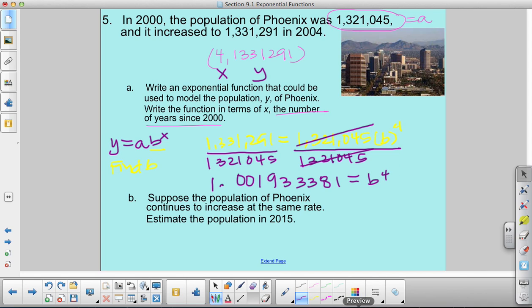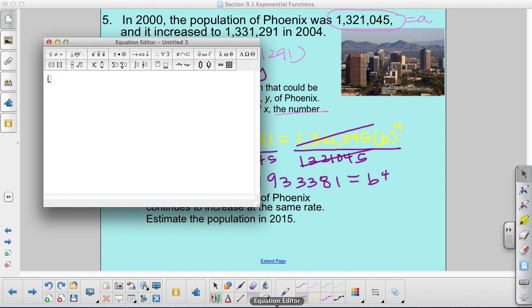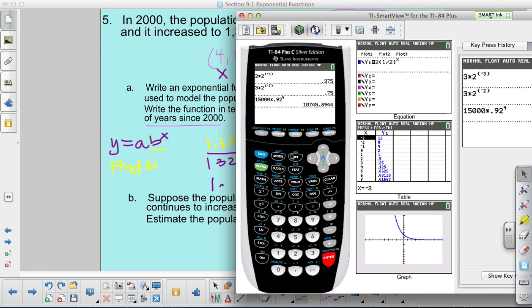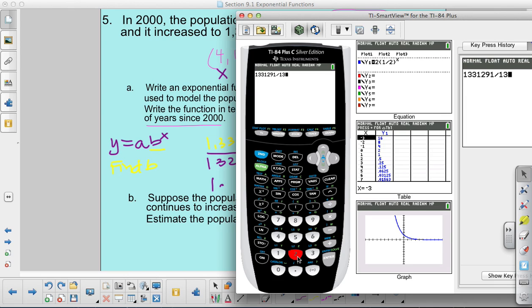I'm going to pull up the calculator right now and divide these two values to show that I will get this number. I'm going to clear this off, and I have 1,331,291 divided by 1,321,045.